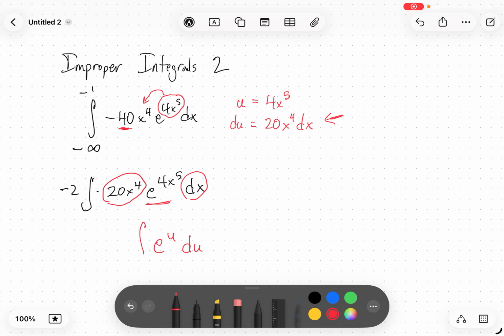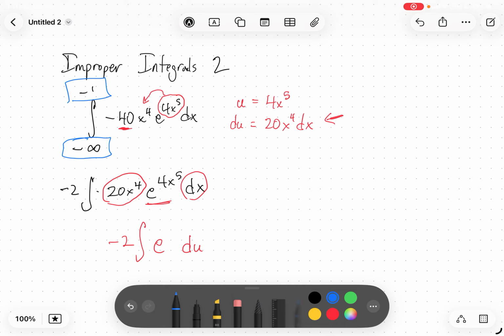So that's a pretty easy antiderivative to do. The problem is I've forgotten about the limits here. Let me go ahead and color those limits in. It's important to know that you can just keep everything in terms of u here.